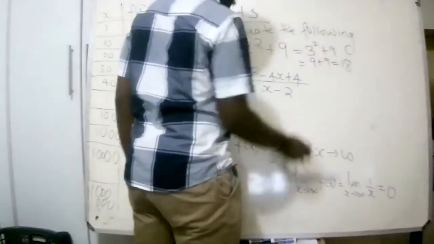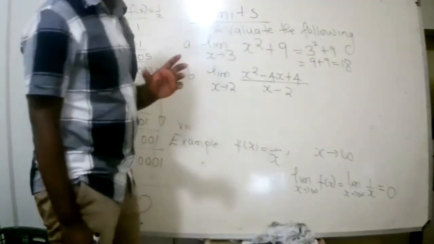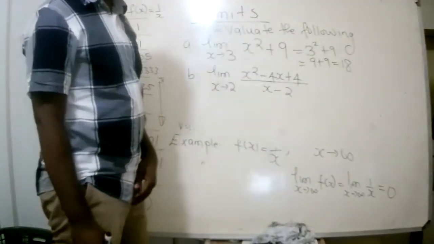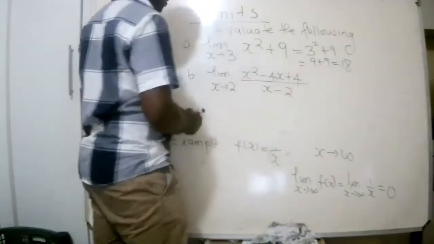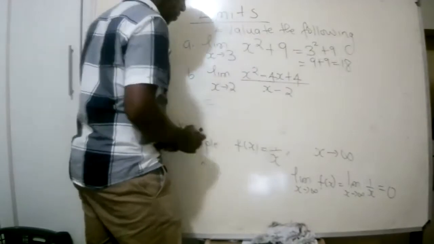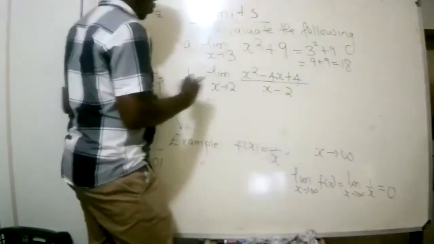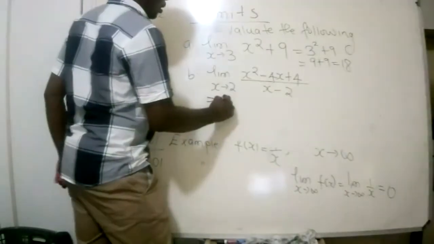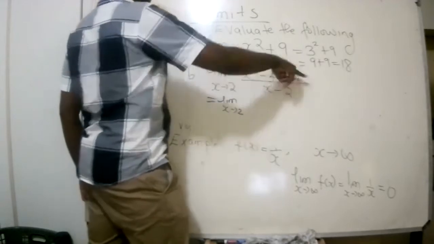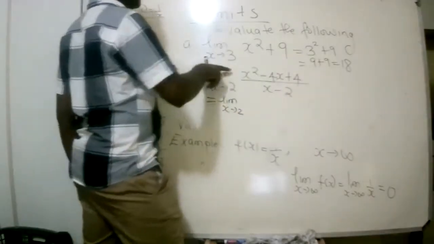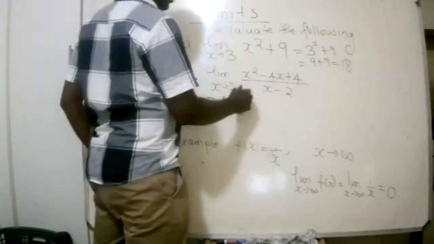So we'll have to simplify this before substitution, like what we have done from the first principle. So we need to simplify further what we are given as a function there. So let's simplify and see what we obtain in this case. So we're going to have limit when x approaching 2, then we have to factorize the numerator.